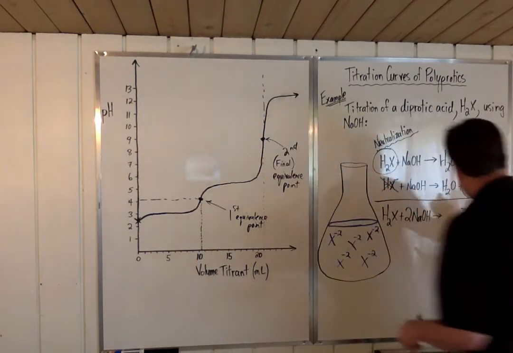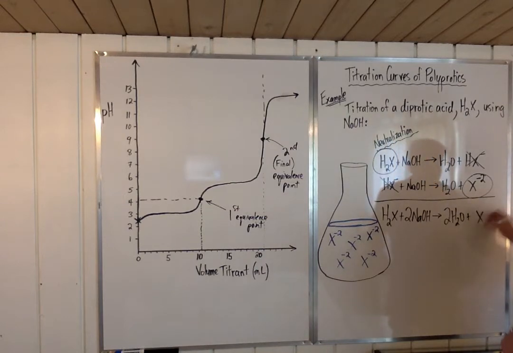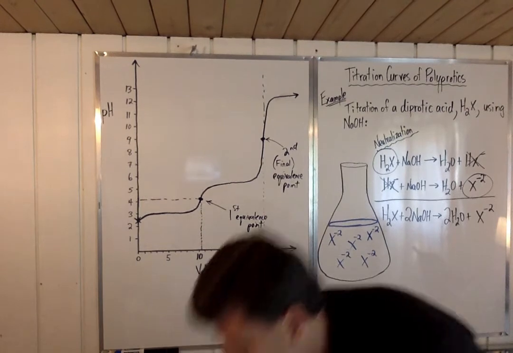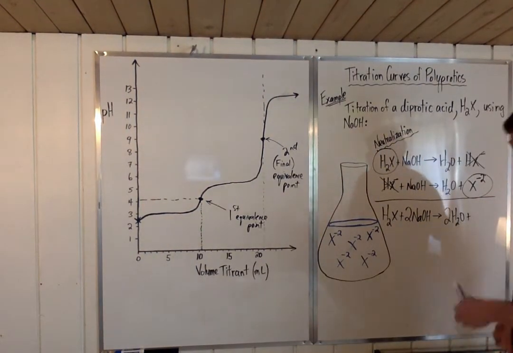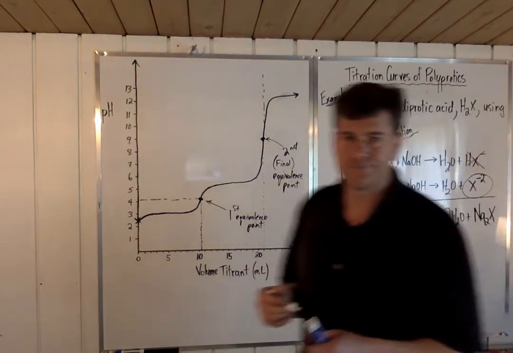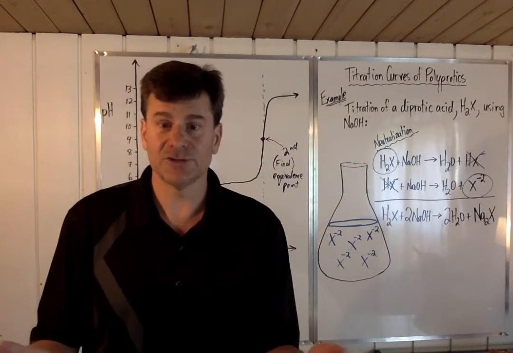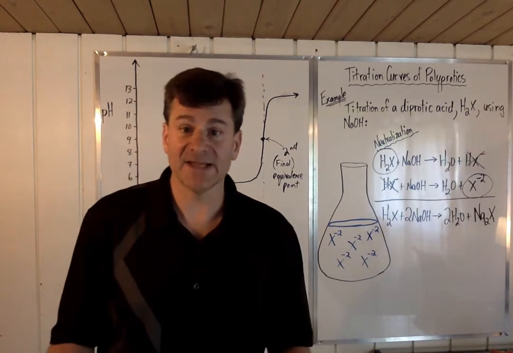go to 2 waters and X minus 2. Well, I guess it should actually be the sodium salt of that, so Na2X. And that's the overall balanced neutralization equation when the acid is a diprotic.